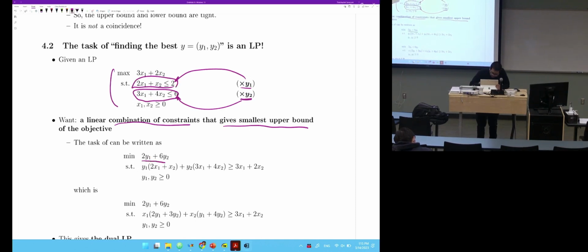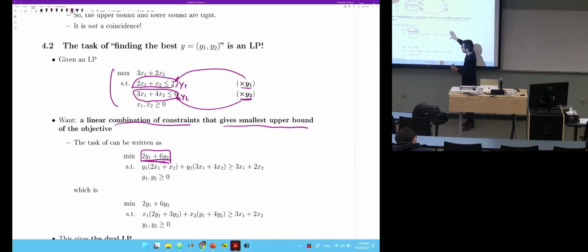So I want to minimize this thing, y1 times 2 plus y2 times 6, as long as this linear combination of constraints dominates the objective. So you agree? This is our problem.